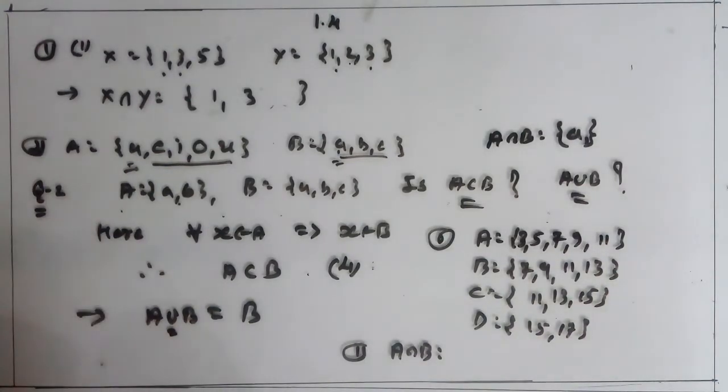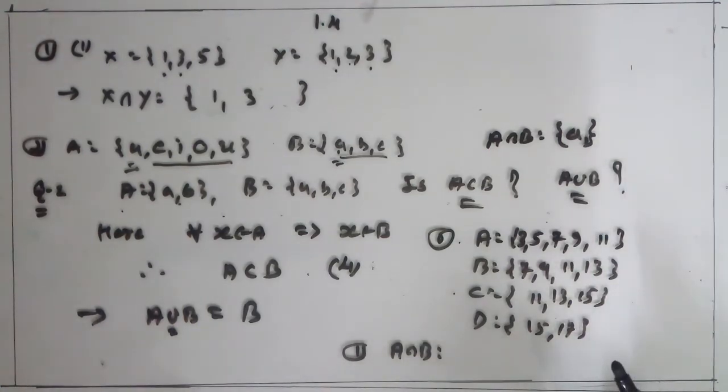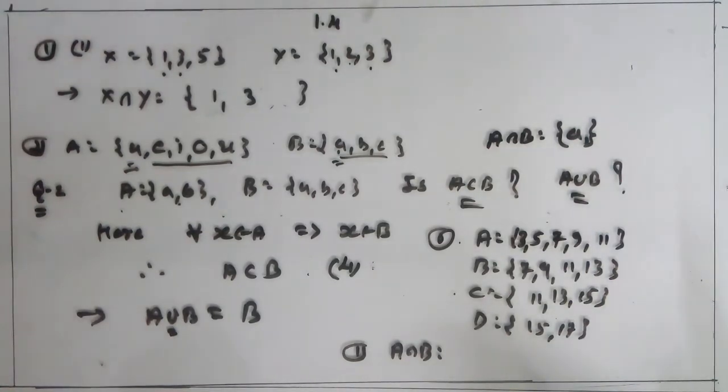Next, find the intersection of B and C, and C intersection D. A intersection C intersection D is the set of all common elements of A, C and D. Similarly, A intersection D, A intersection C, B intersection D, A intersection B union D. Think how to find this in question number 6.